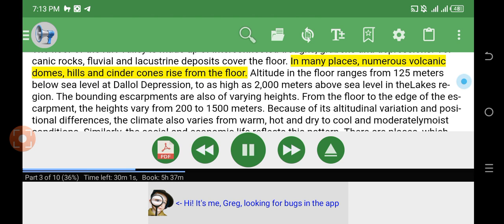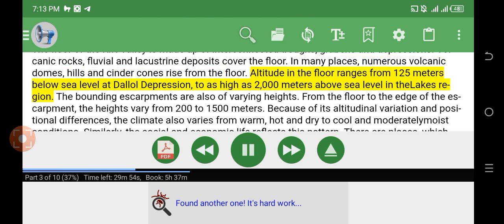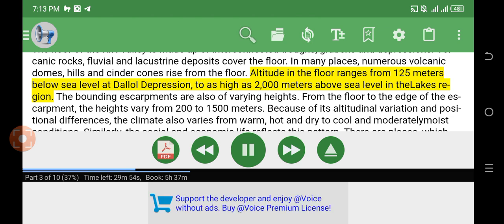Altitude in the floor ranges from 125 meters below sea level at Dalol Depression, to as high as 2,000 meters above sea level in the lakes region. The bounding escarpments are also of varying heights. From the floor to the edge of the escarpment, the heights vary from 200 to 1,500 meters.